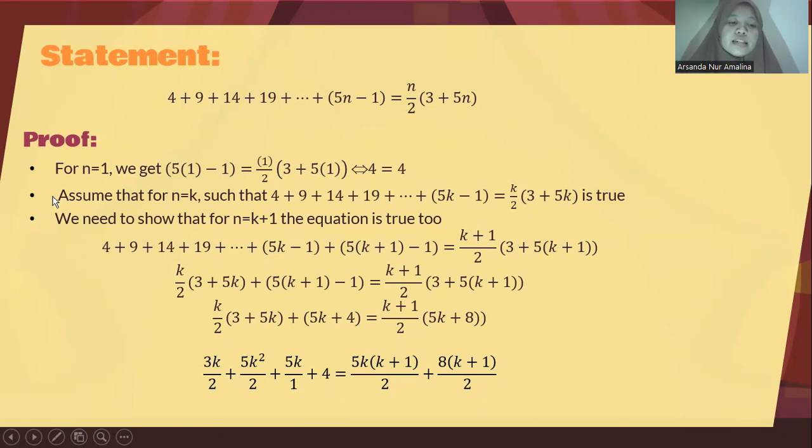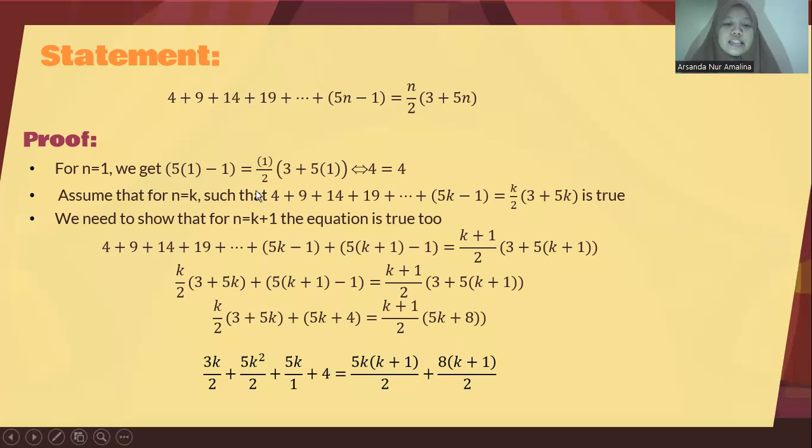The second step is we assume that for n equal to k, 4 plus 9 plus 14 plus 19 plus and so on plus 5k minus 1 equals k over 2 times 3 plus 5k is true.